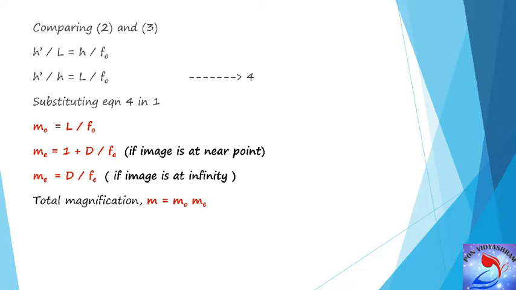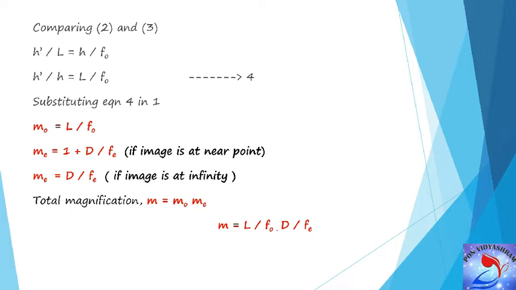So the total magnification in the case of a compound microscope is nothing but the product of the magnification of the objective and the magnification of the eyepiece, that is M will be equal to MO into ME. It depends upon where the image is being formed.